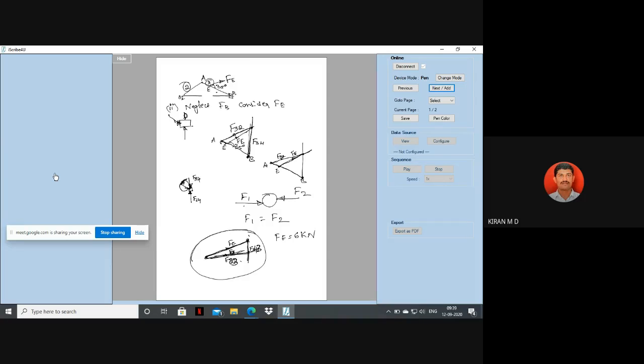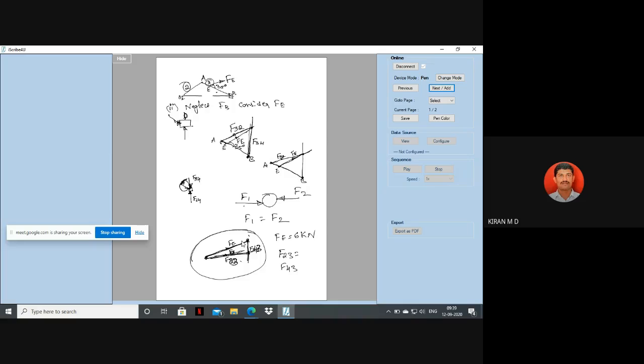So you will get the intersection point. Measure this length, F23, and convert to the scale. You are going to get F23. Then measure this length, convert to the scale, and you are going to get F43.